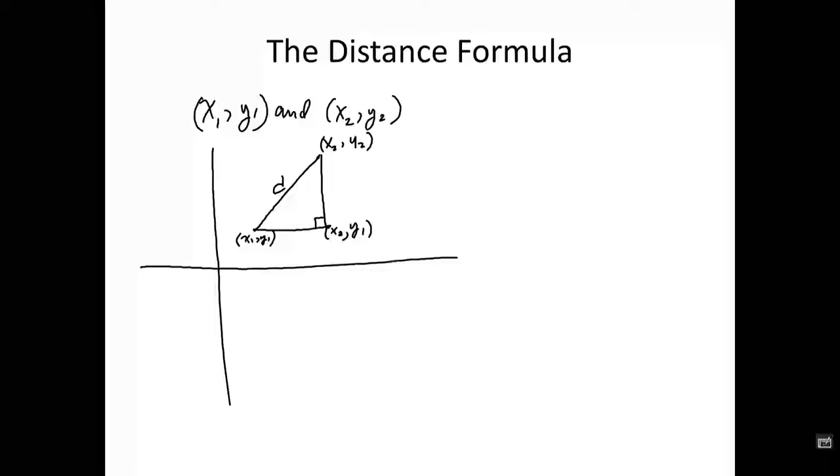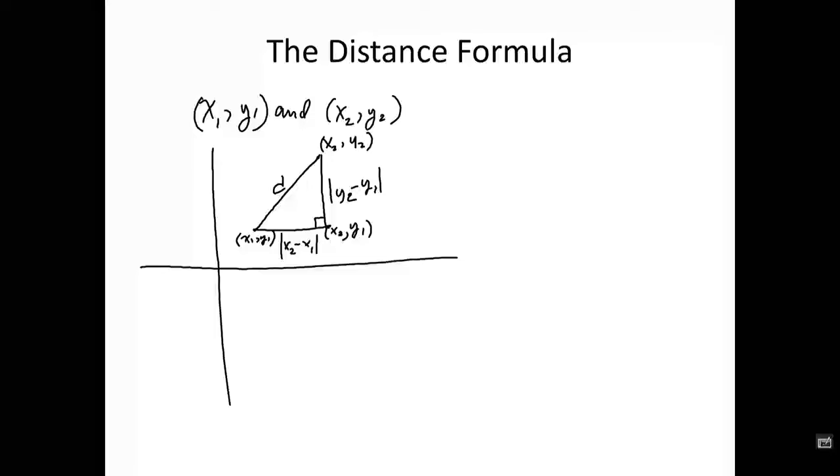The distance between x1, y1 and the point x2, y1 would be the absolute value of x2 minus x1, and it's the absolute value because distance is a positive quantity. What is this vertical distance? This vertical distance would be the absolute value of y2 minus y1.